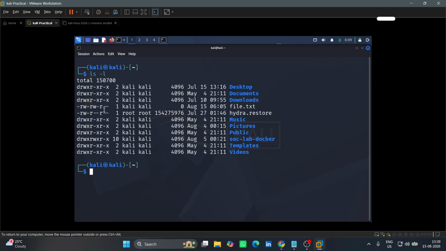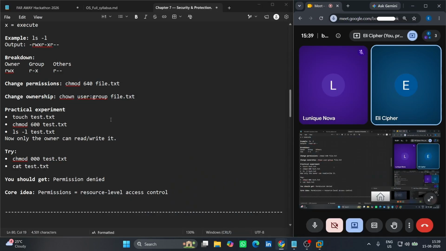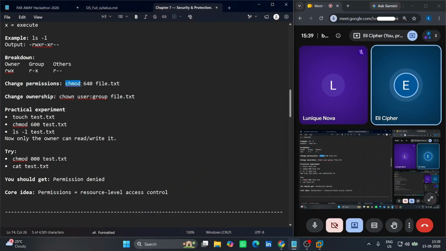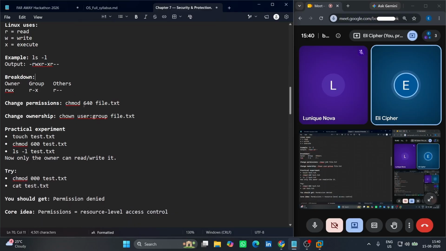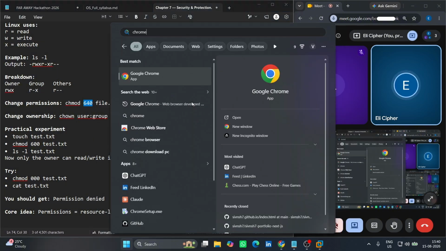So okay, let's just change these permissions, right? So using chmod, that is, change mode, right? There are a few codes which you have to use. You don't directly say, okay, I want rwx or rw, right? You have to use particular codes, where we can access it.